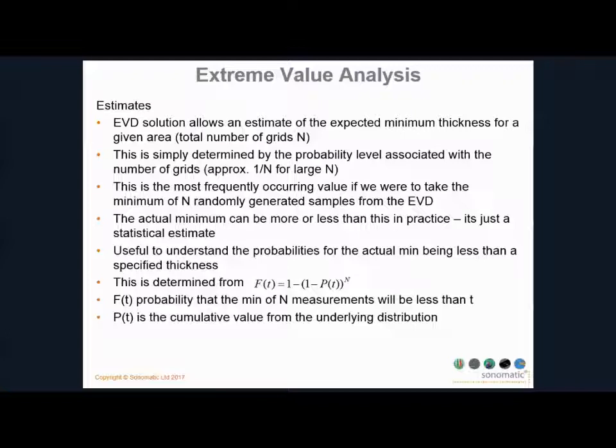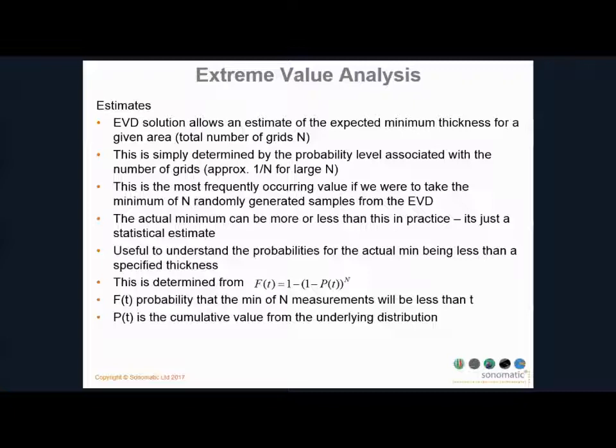So the kind of estimates you can do with an extreme value distribution allow you to estimate the minimum for a given area. Essentially, you look at the extrapolation to a probability level associated with the number of grids. So for a situation where we have n grids, we'd be looking at a probability level of approximately 1 over n. And that's the most frequently occurring value if you were to take the minimum of n randomly generated samples from the extreme value distribution.